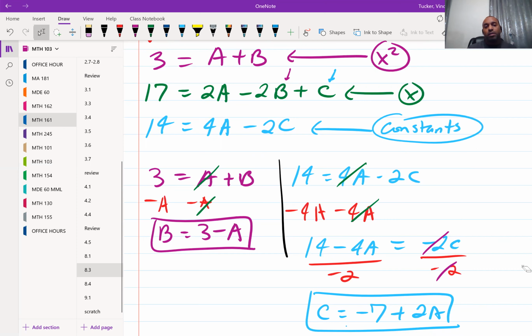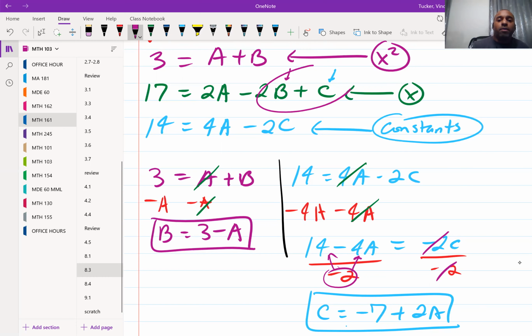All right. And then here, so that -2 goes to each term. So that's why that happened for us. So we have b is equal to 3 minus a, c is equal to -7 plus 2a.